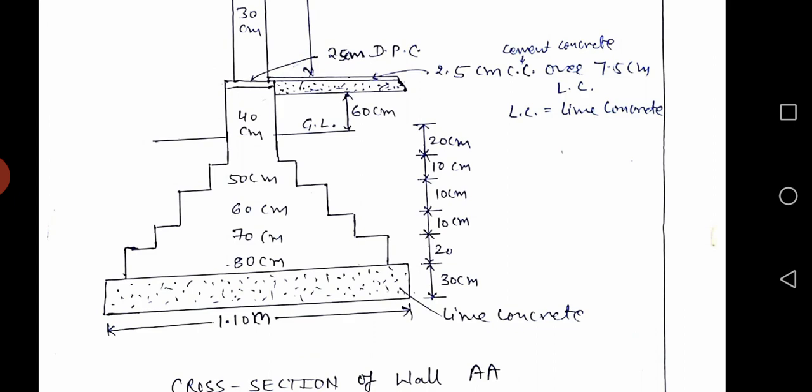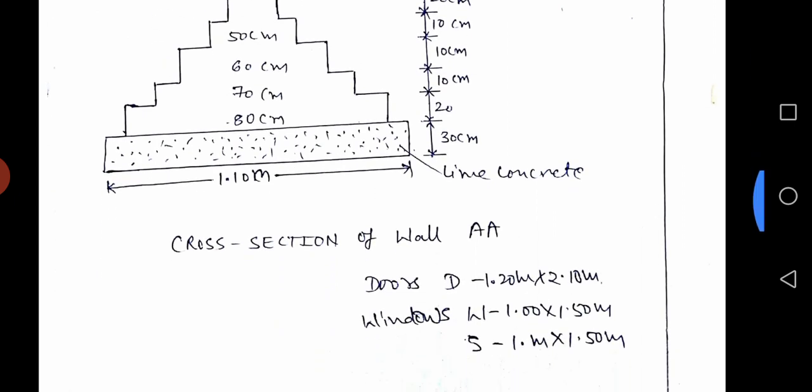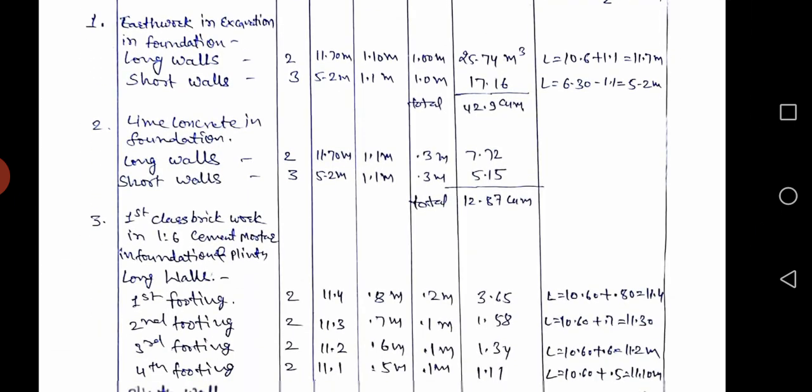So below the ground level is 20 centimeter plus 10 plus 10 plus 10 plus 20 plus 30 centimeter. This is 100 centimeter, so we take 1 meter height or depth. So for long wall the total quantity is 25.74 cubic meter, and for short wall 17.16 cubic meter. And the total of earthwork in excavation in foundation for both long wall and short wall is 42.9 cubic meter.